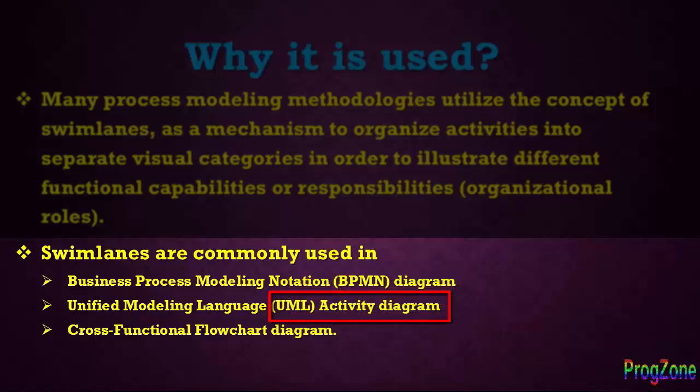If you are going to start a UML activity diagram, which is a unified modeling language diagram, then you can see swim lanes available there. Or if you want to go for a basic flowchart diagram, or a cross-functional flowchart diagram, then you can see swim lanes there.